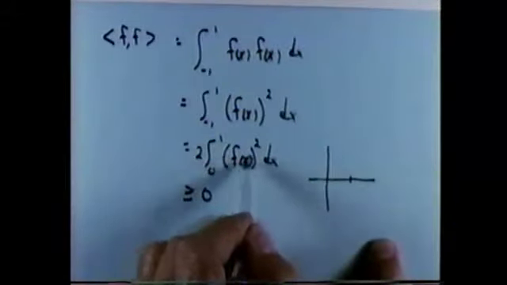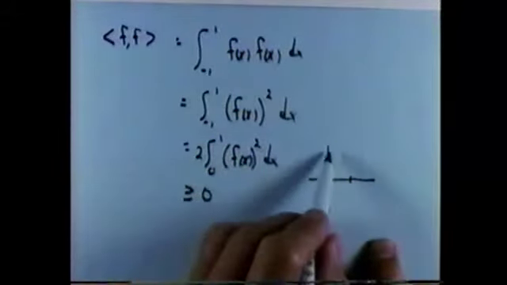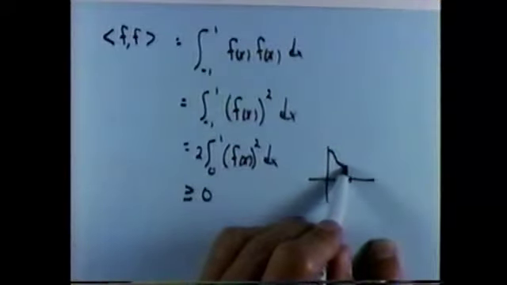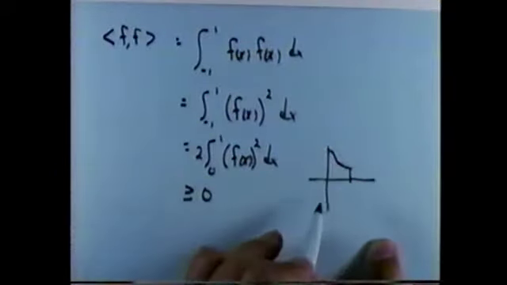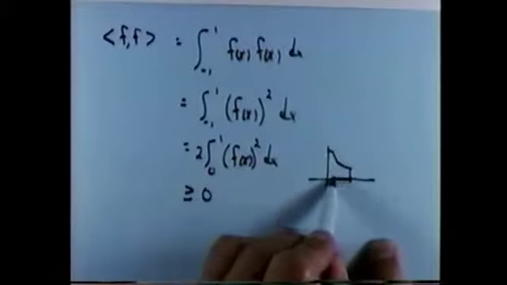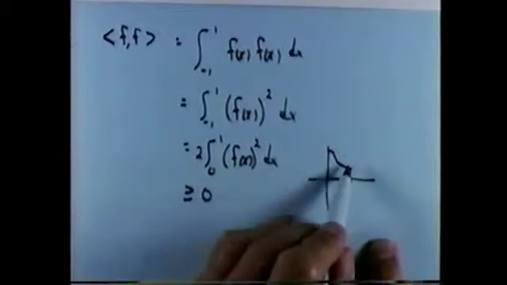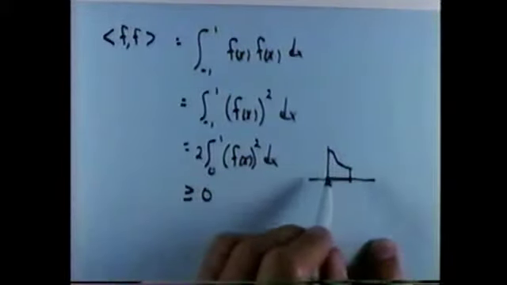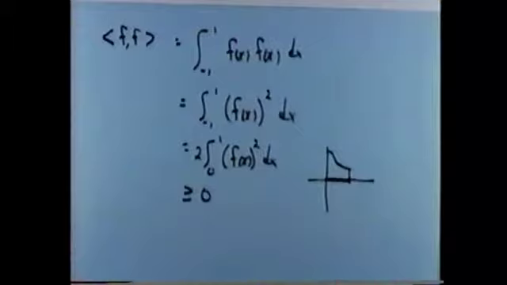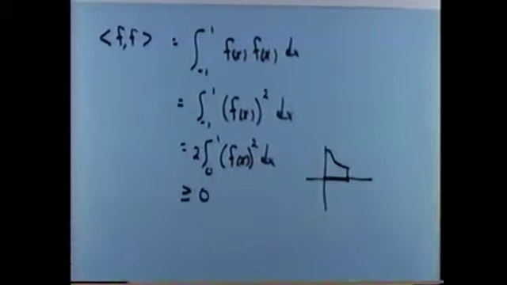So f of x quantity squared is going to be positive, so it's going to be up here, or it's going to be on the line. Well, if it's up here, then obviously we have a positive area. If it's on the line, the answer is 0. And the only way it can be 0 is to be on the line. So therefore we've proved that it is an inner product.